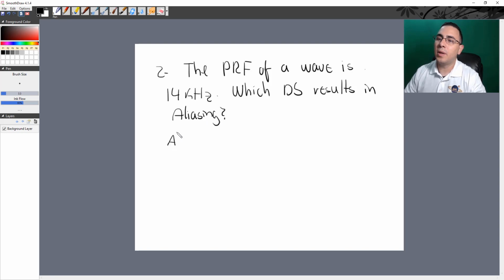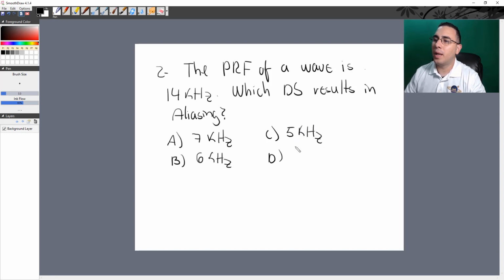Option A, option number 1, we're going to get 7 kilohertz. Option B, we're going to get 6 kilohertz. C, we're going to get 5 kilohertz. And D, we're going to get 8 kilohertz.